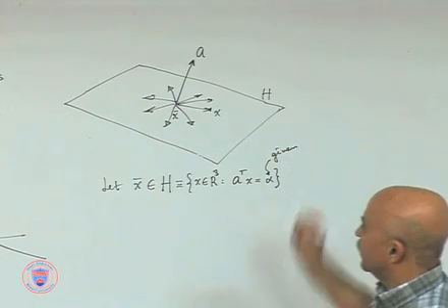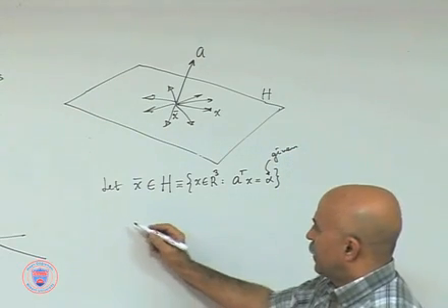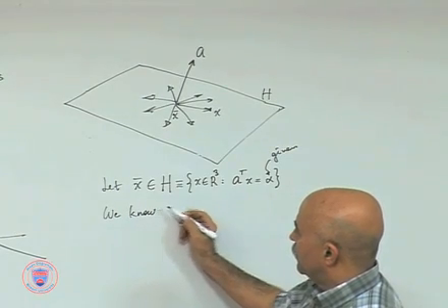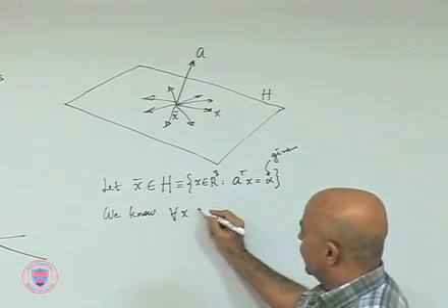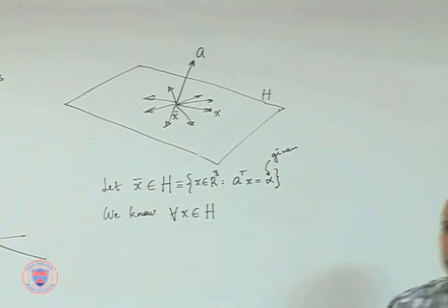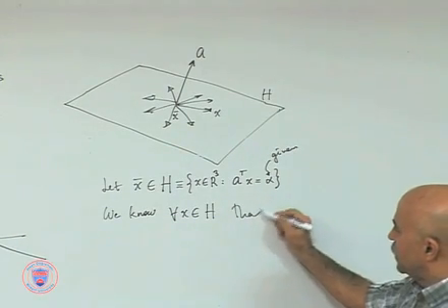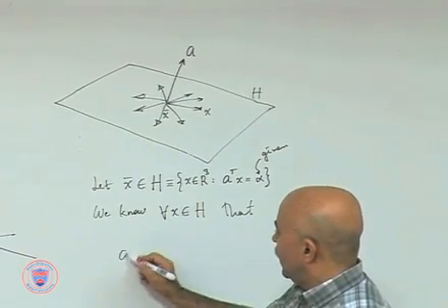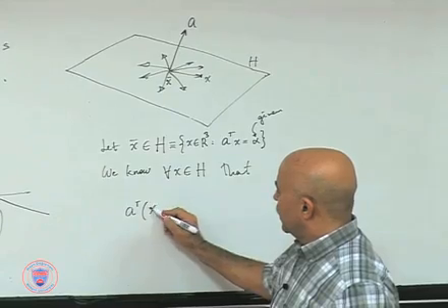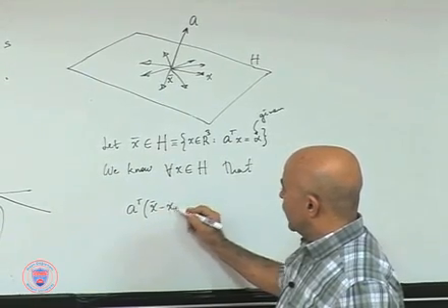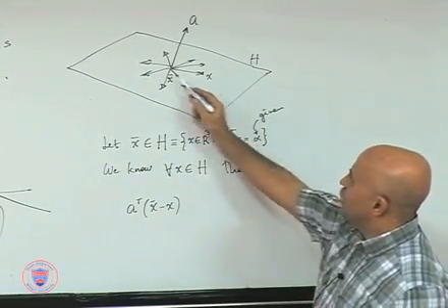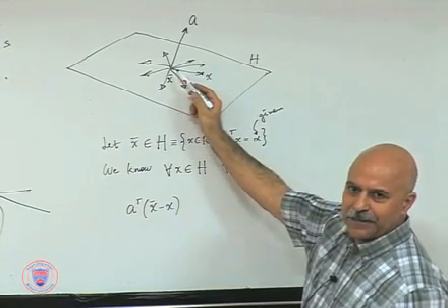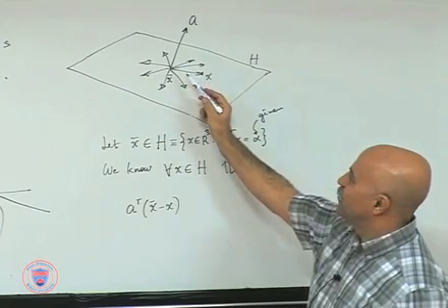This is also a given. We know for every point x in the hyperplane that the vector A times x bar minus x, what vector is this? From x to x bar.